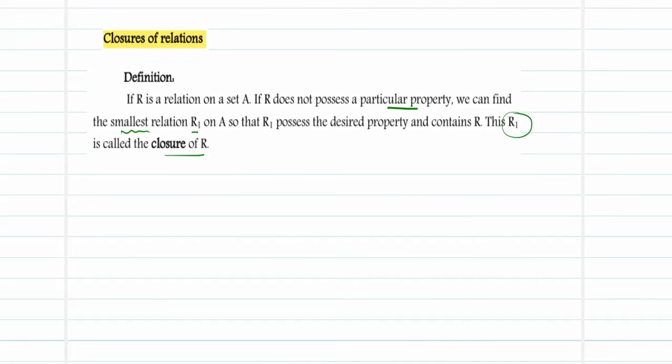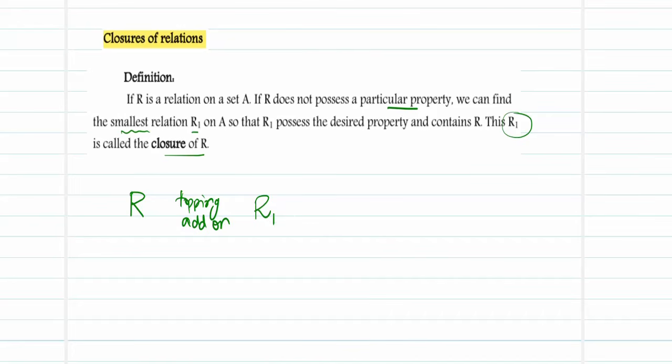So the base is like this: R is the relation which has been defined on a particular set A, but R does not possess any property which we desire. So what we do is a topping on top of it. This topping, or this add-on, is going to give us a new relation.